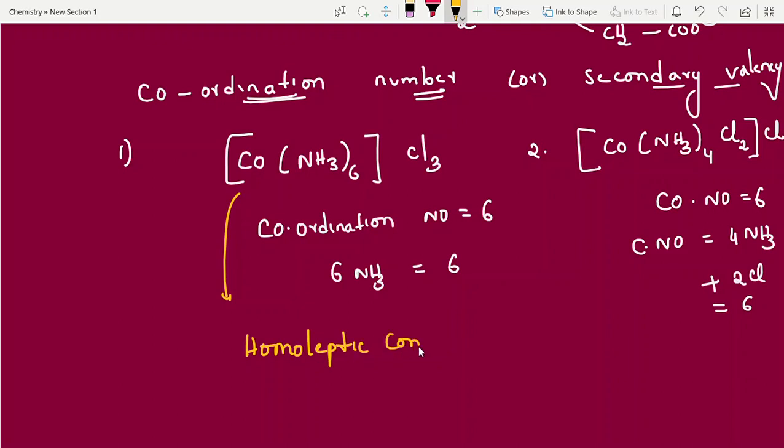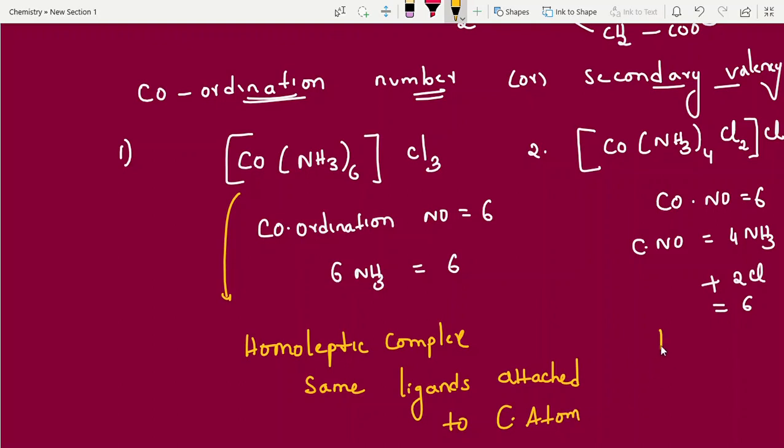Homoleptic is nothing but the same ligand attached to the central atom. Here two or more different ligands are attached. That's it. See here, understood?